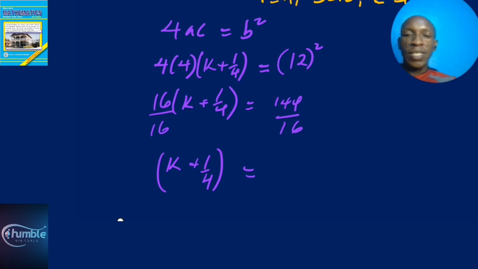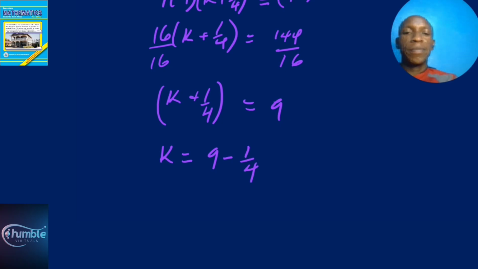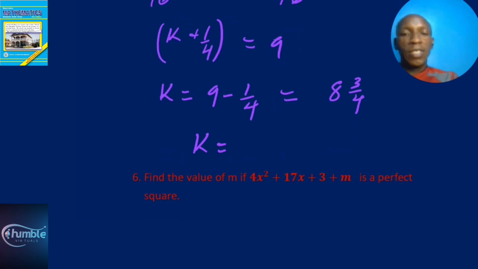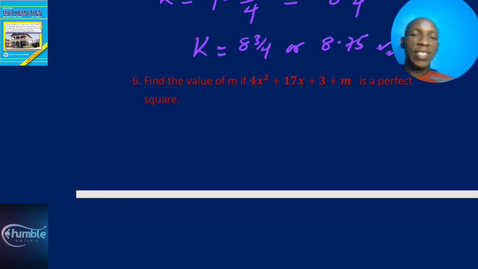That one gives us 9. 144 divided by 16, it gives us 9. Correct. So to get k is therefore equal to 9 minus a quarter. That means 8 and 3/4. So therefore, k is 8 and 3/4, or 8.75. That's the value of k. Correct.